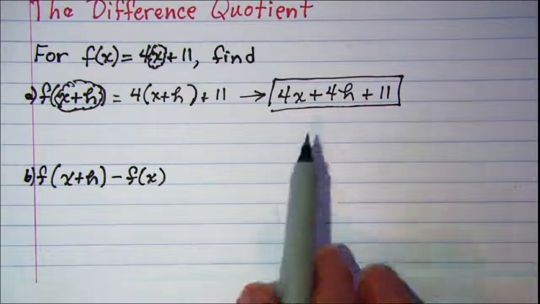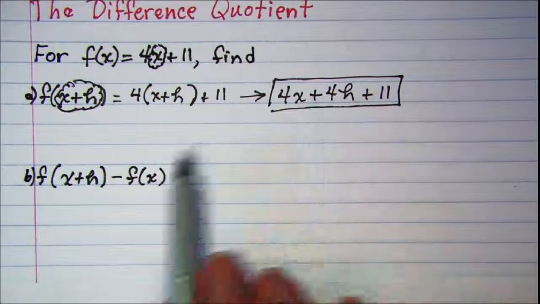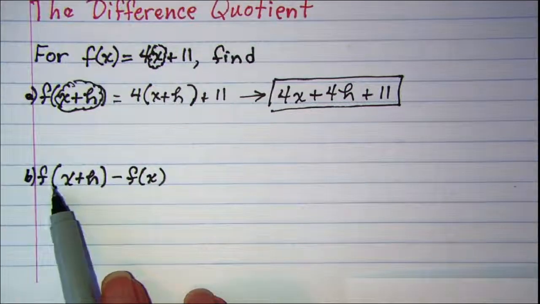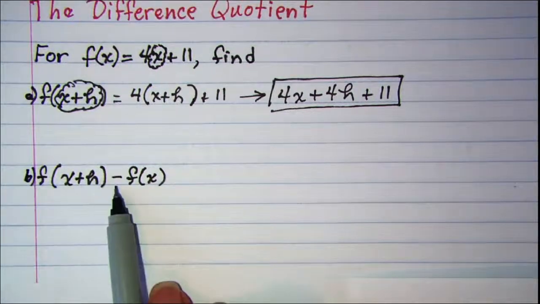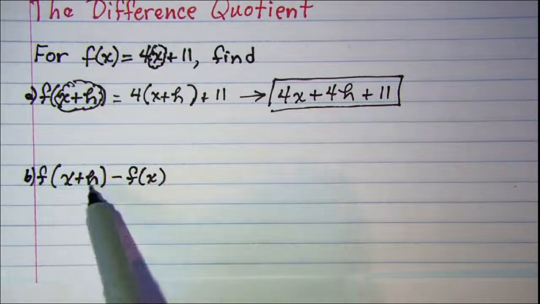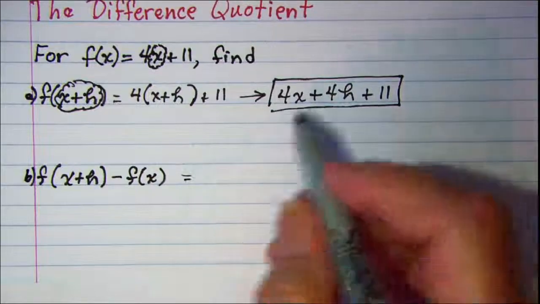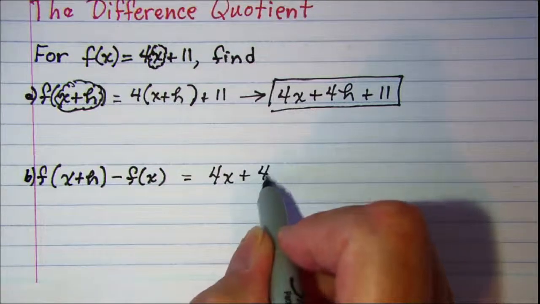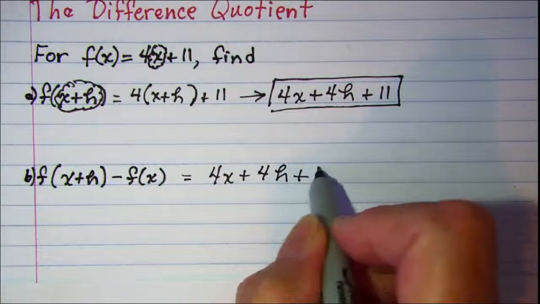Then we're going to use that f of x plus h and write the expression for f of x plus h minus f of x. Well, we already have f of x plus h. That is 4x plus 4h plus 11.